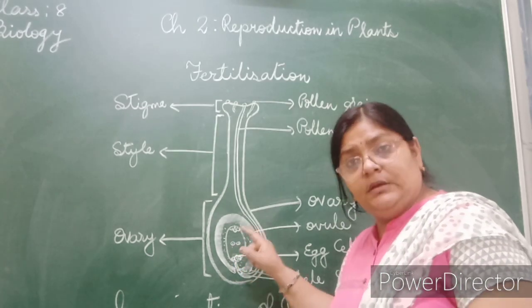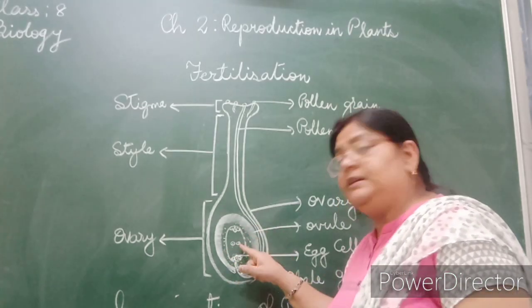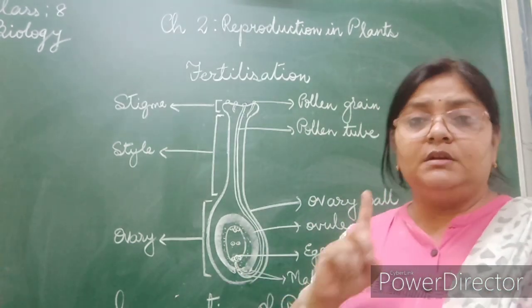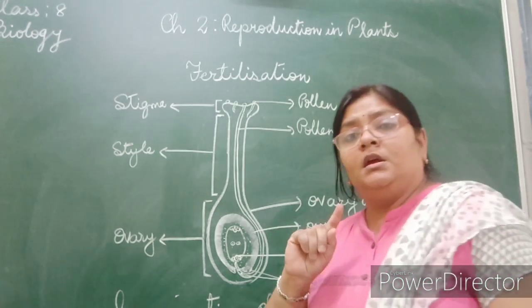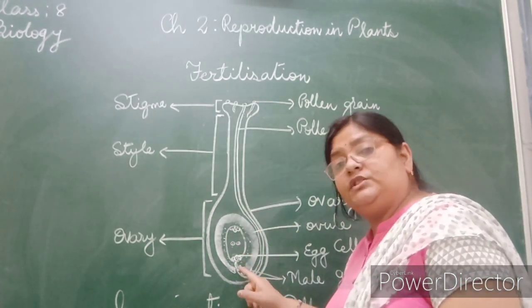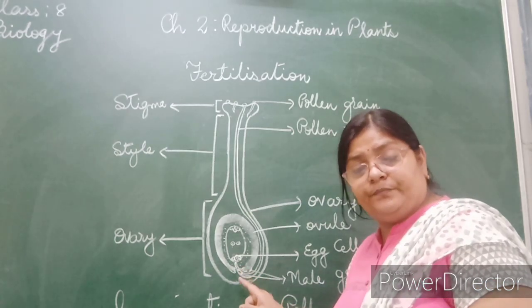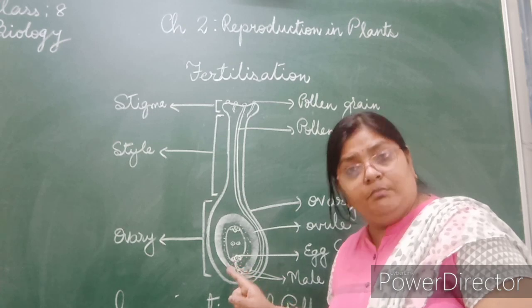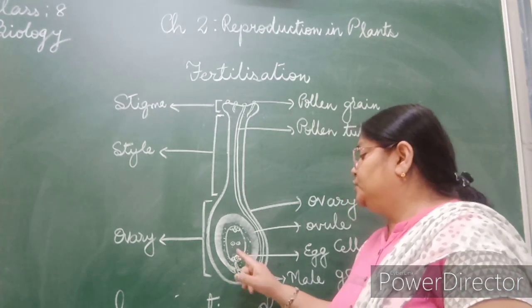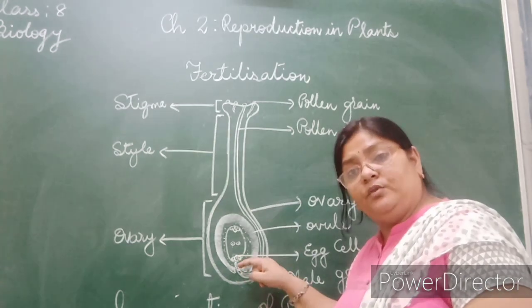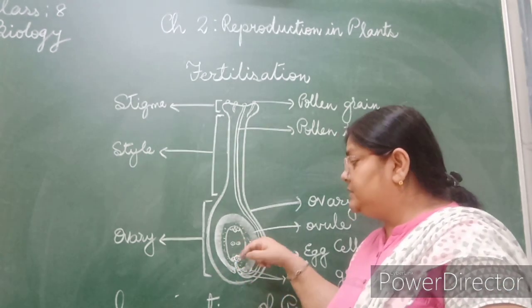Inside the embryo sac, actually, there are 7 cells. The integuments leave a small space. That space is called the micropyle.